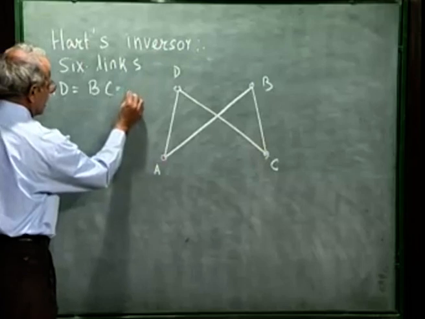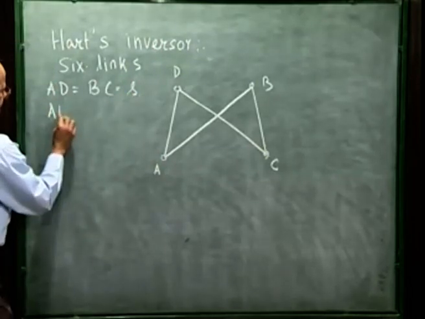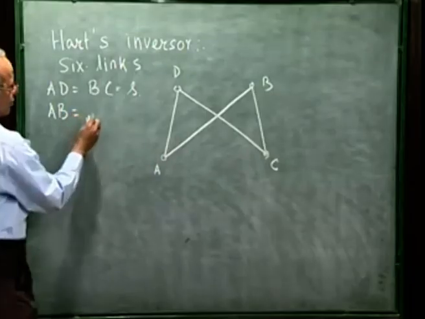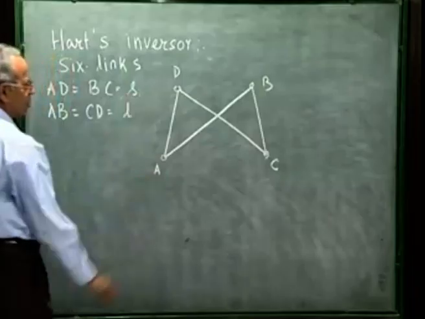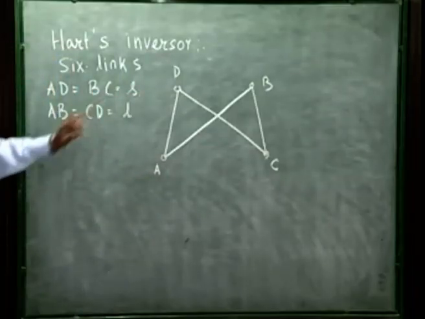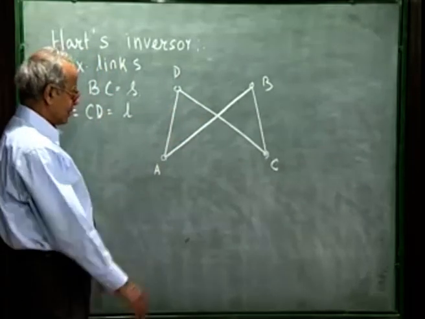Let me call it S, and AB is equal to CD, which is a longer link length. Let me call it L. So we start with an antiparallelogram, that means the opposite sides are of equal length, but it is in the crossed configuration.